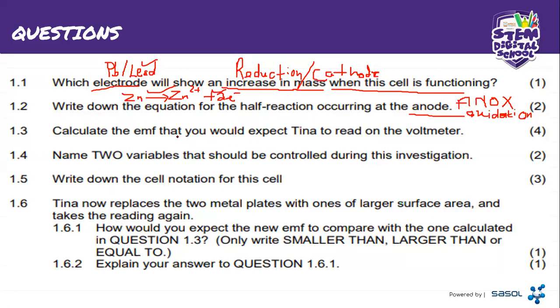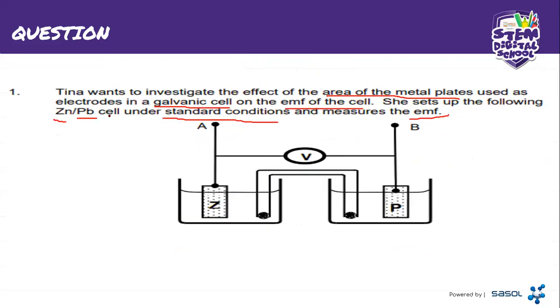And then we are required to calculate the EMF that we would expect Tina to read on the voltmeter. Now, they told us that it is operating under standard conditions. It means we can go and use the reduction potentials on table 4B. I will go to my formula sheet. I know that E naught cell is equal to E naught reduction minus E naught oxidation.